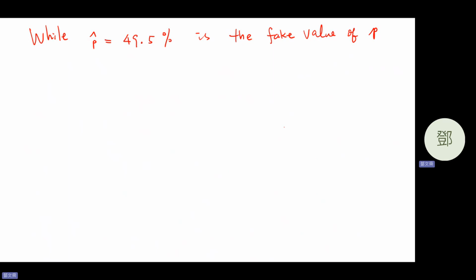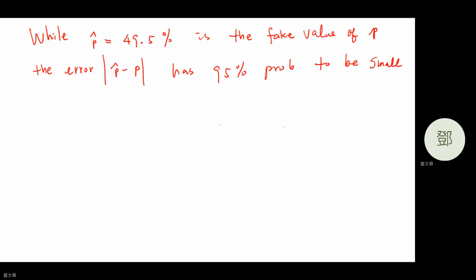P is the support rate for Donald Trump. But don't worry, the distance, the error, p hat minus p, has 95% probability to be smaller than 3%.